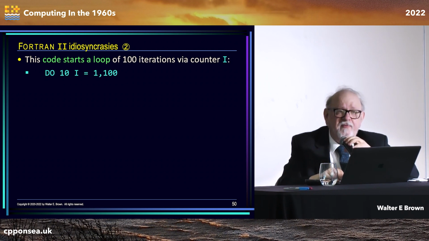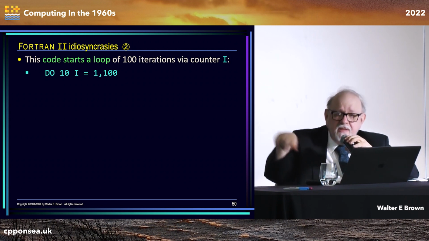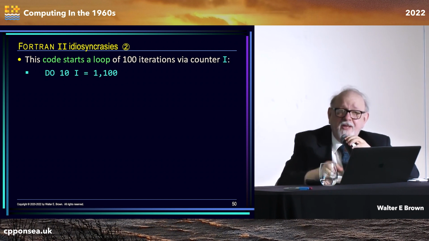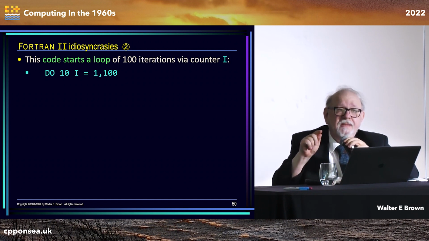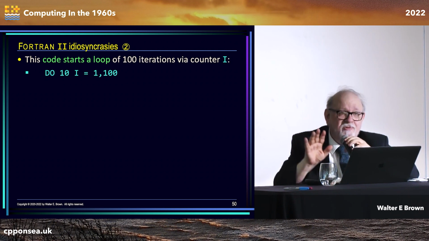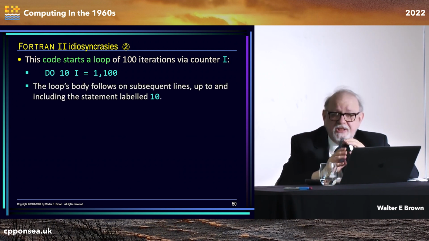So do the following from here up through the statement labeled 10 and iterate through it counting I equals 1, 2, et cetera. And by the way, it's a post-test loop. You had to do this at least once. While hadn't been invented yet. We didn't know how useful that was. Okay? So as I just said, the loop's body follows on subsequent lines up through the statement labeled 10.